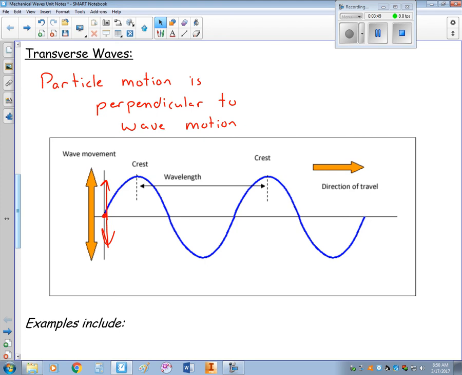Now if you do just one shake, we call that a wave pulse, and that pulse will travel outward. If you continue to shake it up and down, then we have a periodic wave, which is just a collection of a bunch of wave pulses. So in your mind, try to think about the difference between a wave pulse and a periodic wave.